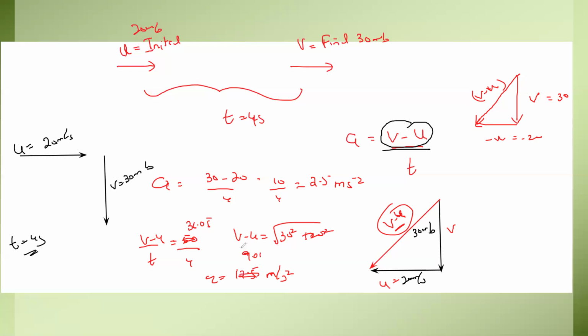So in a vector, you have to subtract, like you have to work out the resultant in this way. The only difference between v plus u and v minus u is that the direction will be different, but we work it out in the same manner. But the definition of acceleration is the rate of change in velocity, so in terms of vectors, you have to work it out in this manner, okay?